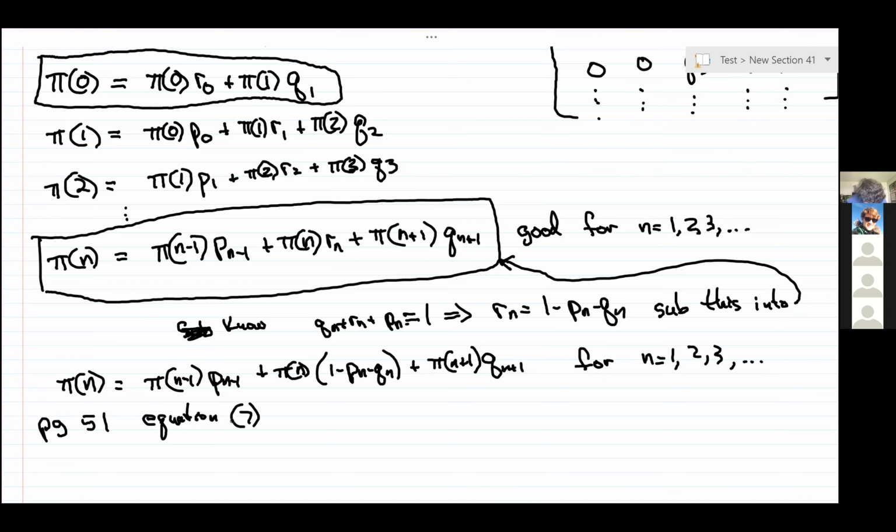Well, equation 7 has two parts, and the one I want, let's see, okay, I have n, and they have y, so that's a little unfortunate, but I don't think it's the end of the world. Let's see what we want.